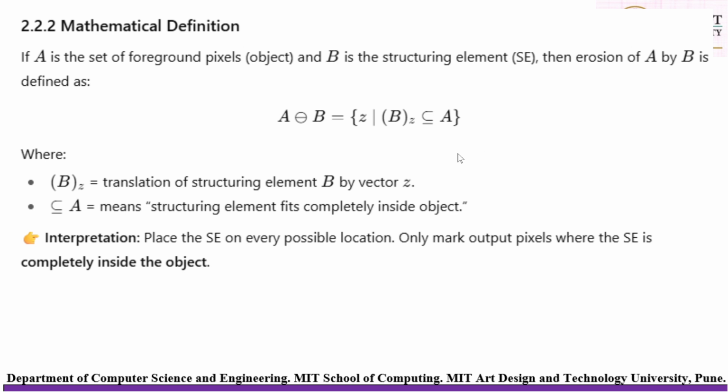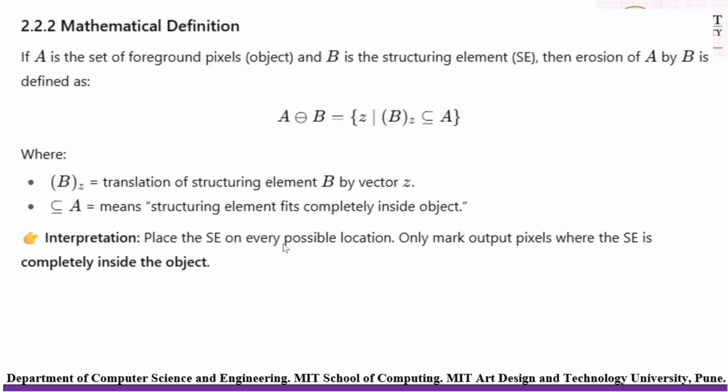So here how we can achieve this is, suppose we are placing the structuring element on every possible pixel location of the input image. Then after performing this, we only mark the output pixels wherever the structuring element is completely inside of the object.